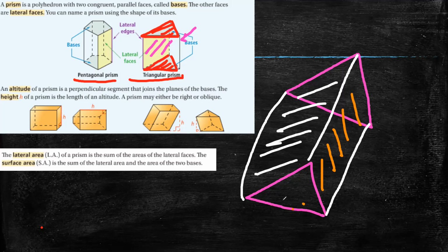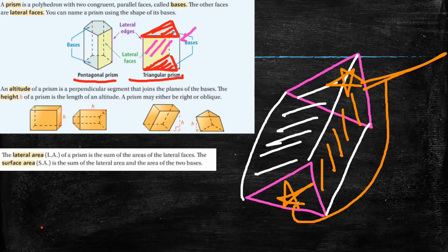But this face and the other one here, we call them bases because they are parallel. Teacher, they are parallel, right? Yes, these two are parallel to each other, so we call them the bases. It must be parallel. Look at these two shapes. They are not parallel to each other, so we cannot call them the bases.